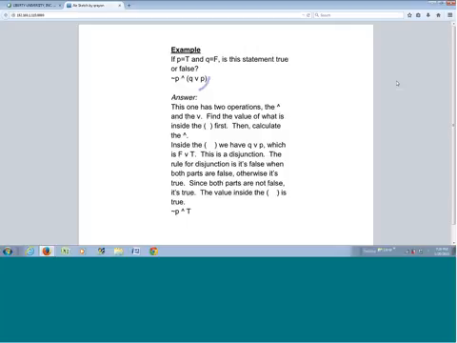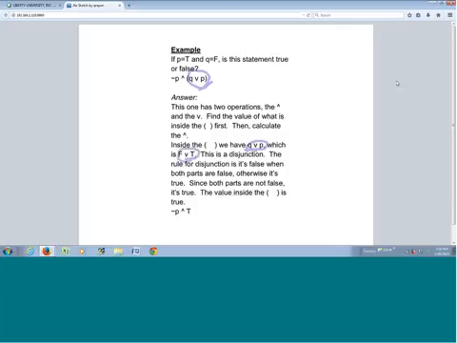So where I'm going to focus is right here with P, disjunction, and the Q. So I know that Q is false and P is true. So inside the parentheses, we have that, which is false, disjunction, true.